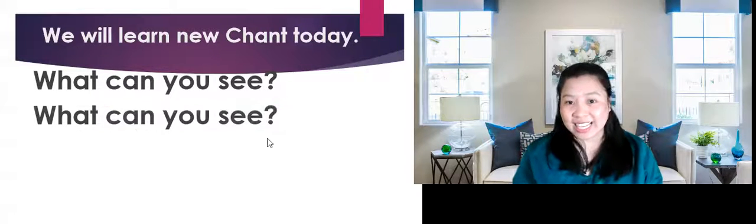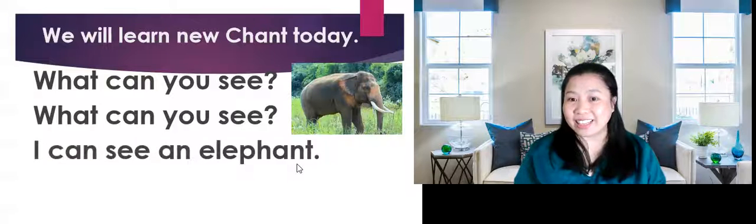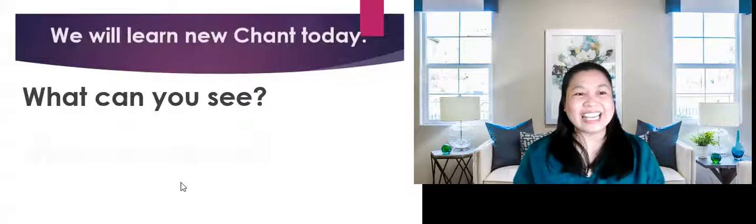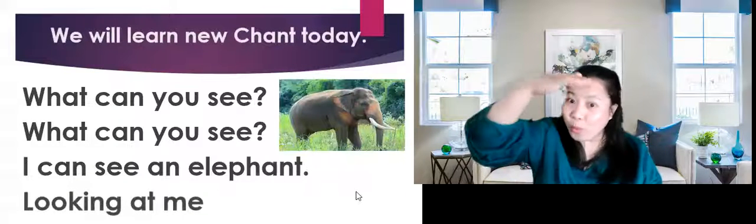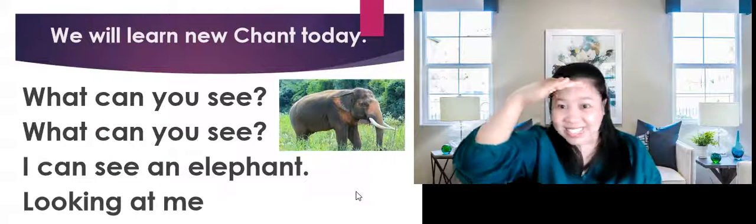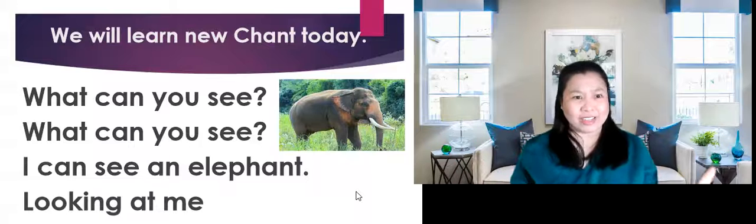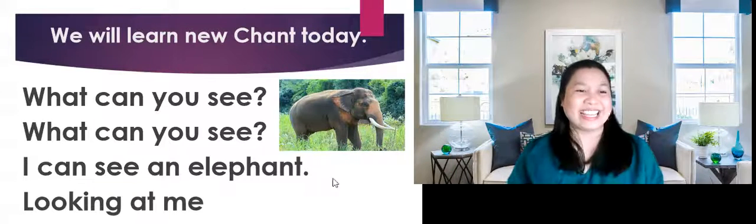What can you see? I can see an elephant looking at me. All right? Okay? Now, let's do the action. What can you see? I can see an elephant looking at me.